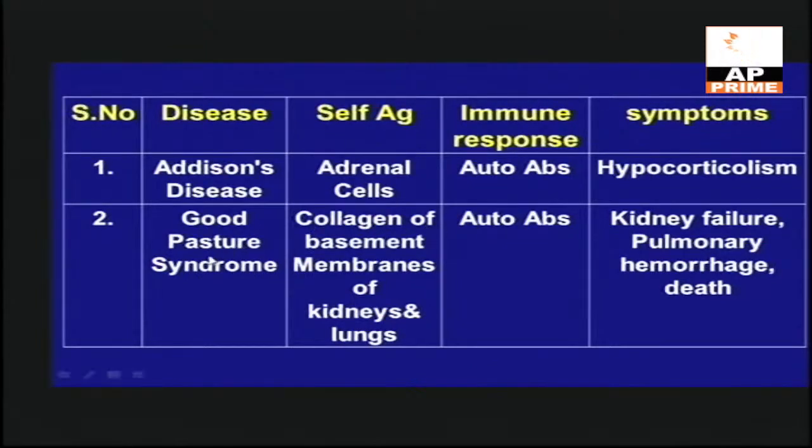The second one is Goodpasture syndrome, where autoantibodies are produced against collagen of the basement membranes of kidneys and lungs, and as a result they show very fatal symptoms like kidney failure and pulmonary hemorrhage, that is, bleeding from the lungs, and often it leads to death.